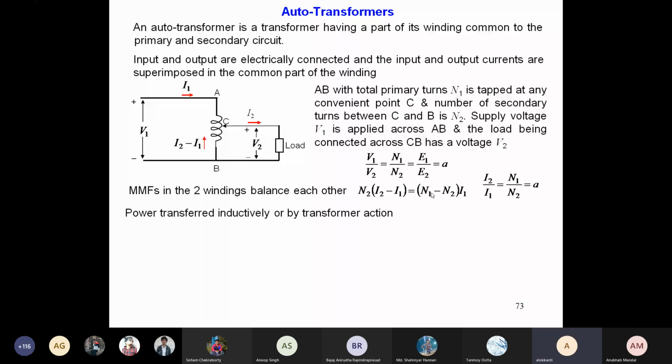The power that is transferred inductively by transformer action, that is across the load, is basically V2 into I2 minus I1. And from here you can get (A minus 1) by A times V2 I2 using all these relations.